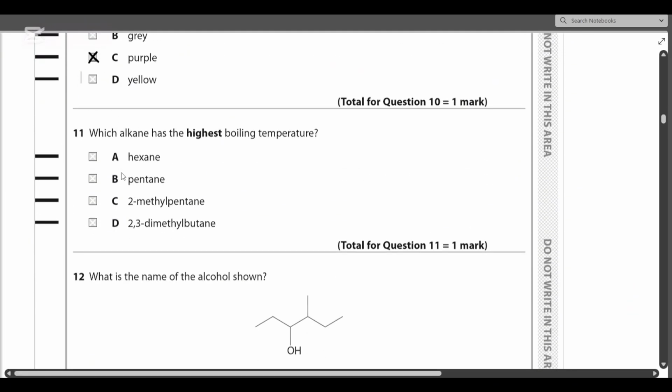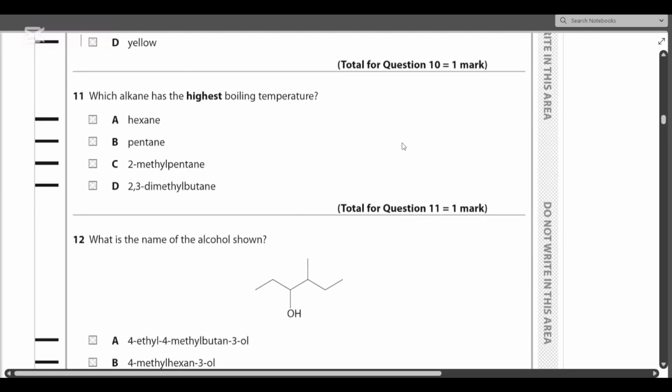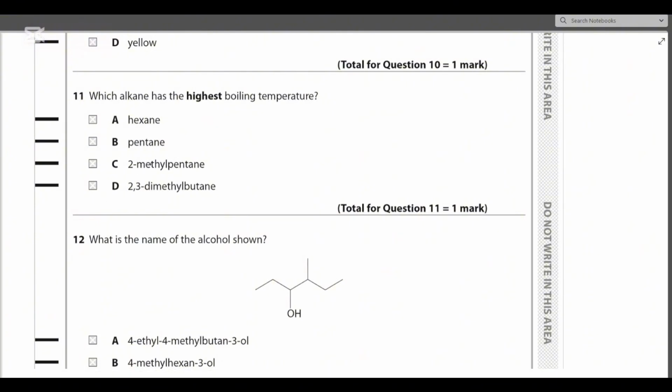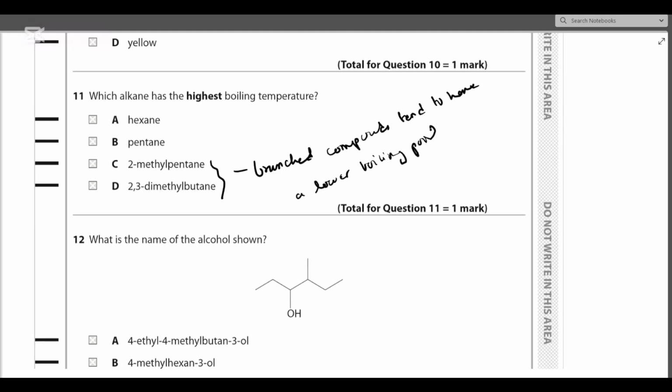They told us to find which alkane has the highest boiling temperature. If I talk about hexane and pentane, C and D right here are both branched, and branched compounds tend to have a lower boiling point. So obviously C and D are out of the equation.